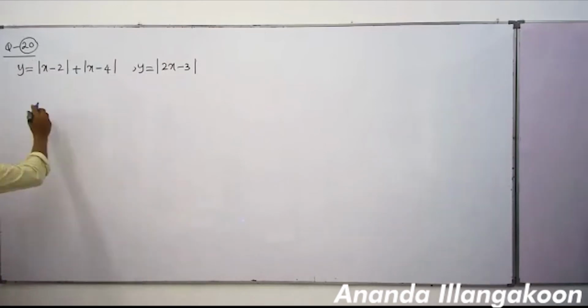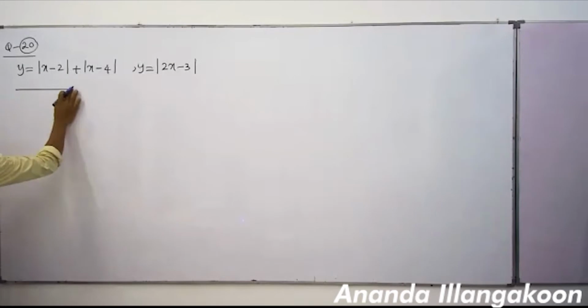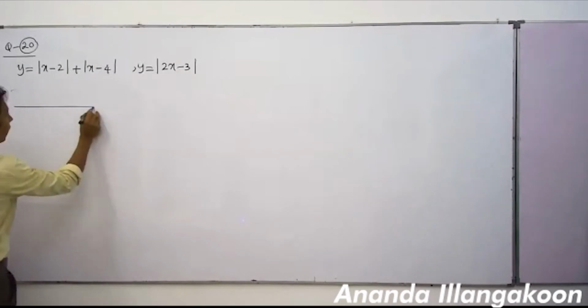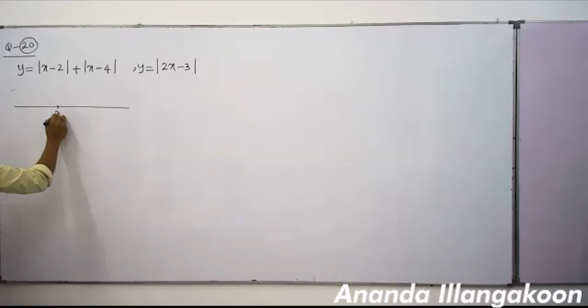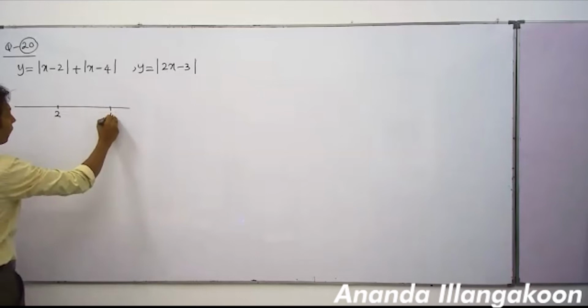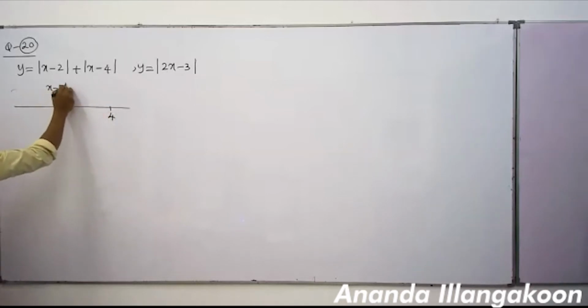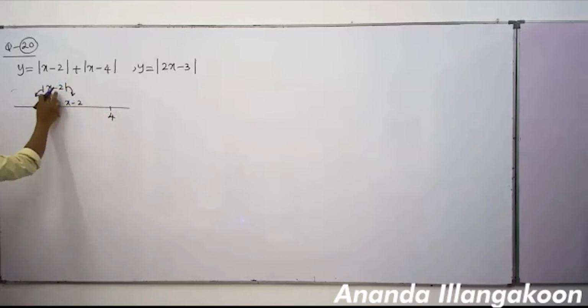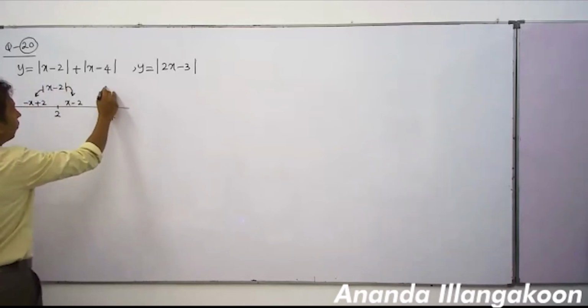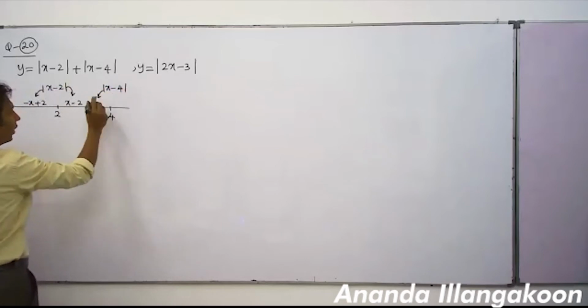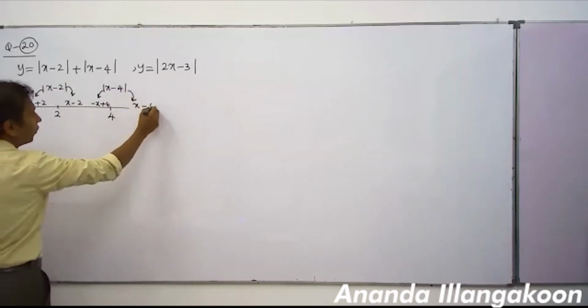Here, to draw this one, first we define: mod x minus 2 will change at 2, right? Mod x minus 4 will change at 4. Then mod x minus 2 on the right of 2 will be equal to x minus 2. Left of 2, multiply this by a minus sign, minus x plus 2. Mod x minus 4, left of 4, multiply by a minus sign, minus x plus 4, right of 4 the same.